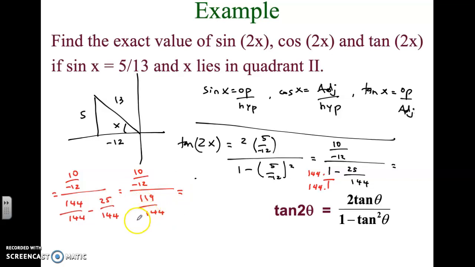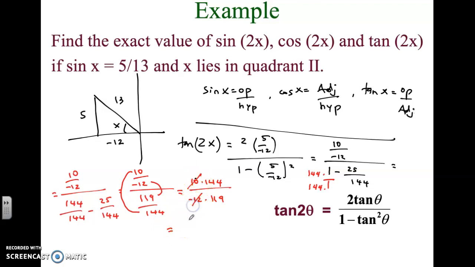Now it's just a matter of reducing or dividing. The first times the last: 10 times 144, and the middle value is negative 12 times 119. Let me keep simplifying.